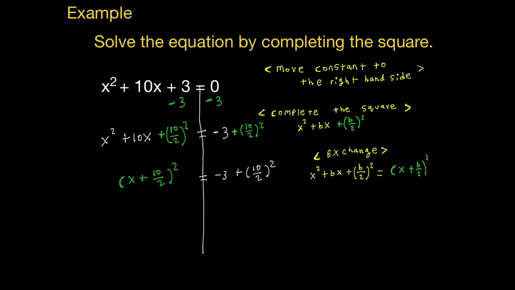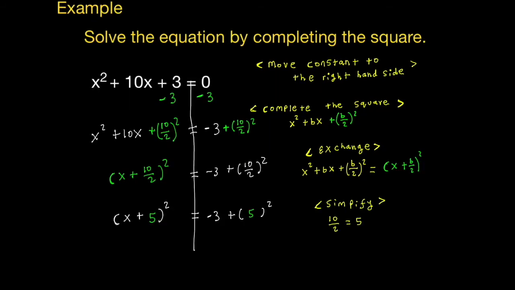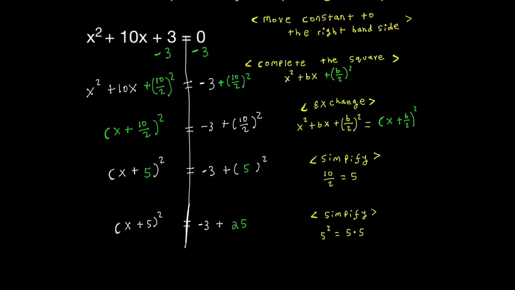I'm going to begin to simplify things. For example, I know that 10 over 2 is the same thing as 5, so let's go ahead and do that. And I'm going to simplify again because I know that 5 raised to the second power is 25. Again, 5 to the second power is just 5 times 5, and 5 times 5 gives me 25.